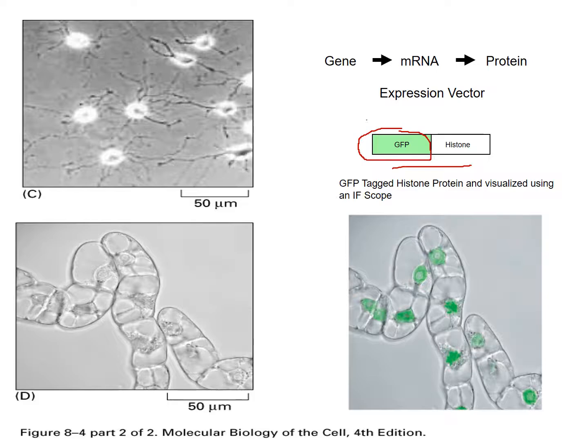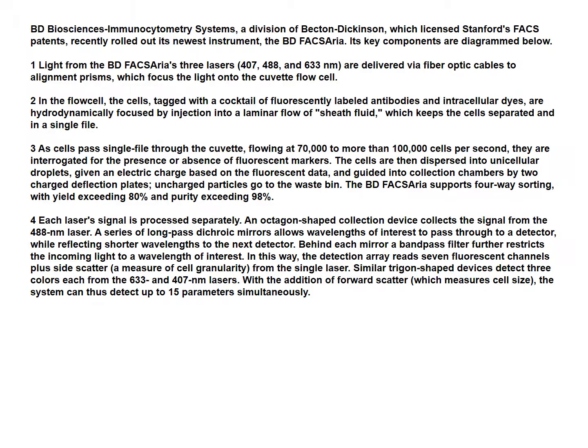We made a hybrid protein that then is inside cells, and then if we apply a fluorescent wavelength, we can see the nucleus because it's where the histones are. That is not FACS. That is not anything we've done. I just wanted to remind you, in case you had seen some type of protein tagging before, that is completely separate from the FACS.